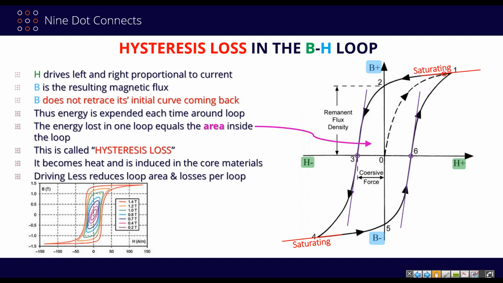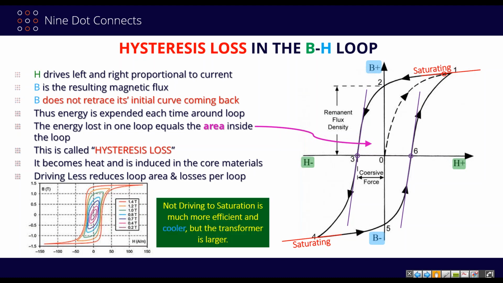If you look at the little curve down in the lower left, you'll see that these things are being driven at different flux levels, as indicated by the little key in there. Like 0.2 Teslas is a tiny little circle, and 1.4 Teslas is a very large circle. So it depends on how hard you drive it. Note that is very, very important.